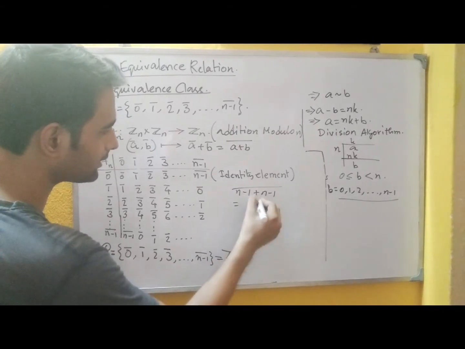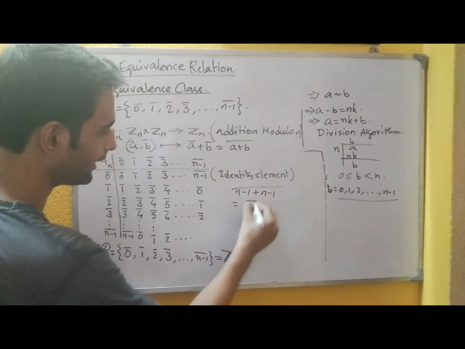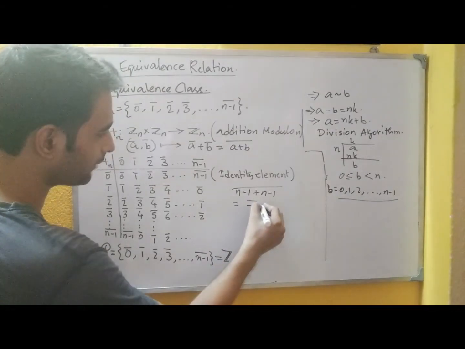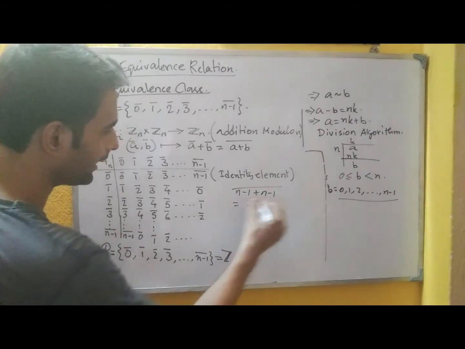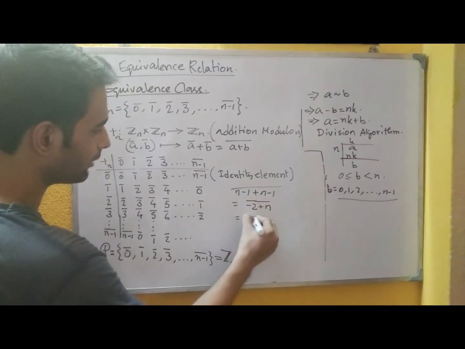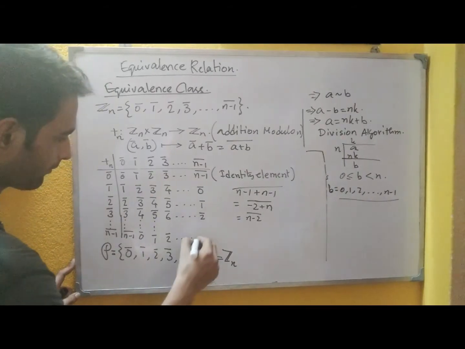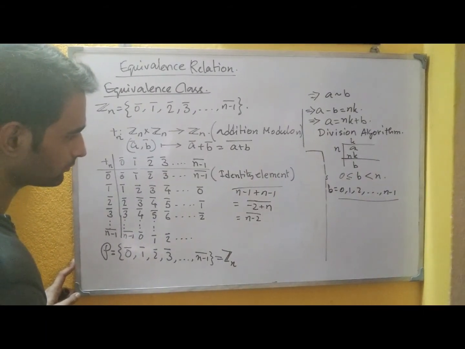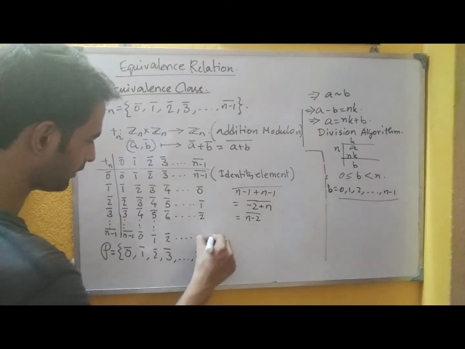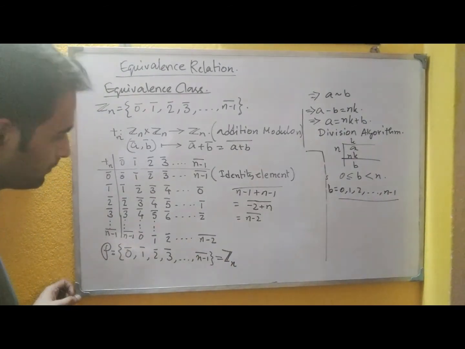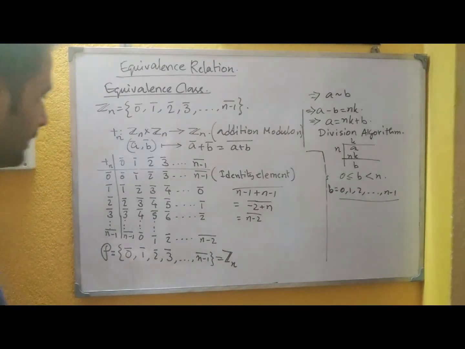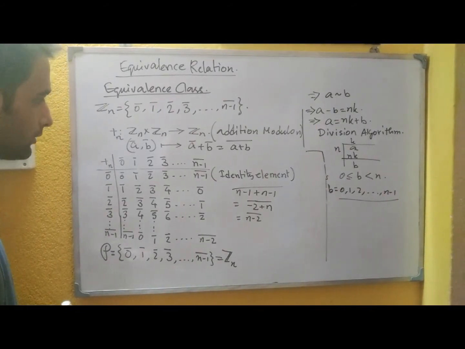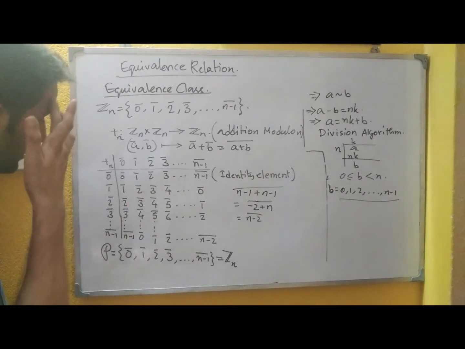So for n, these n's are 0, it means it is minus 2 plus, and whenever there is a minus 2, you can add n with it, so it is n minus 2 plus. So this is how the operation table looks, and this gives a beautiful binary operation on the set Zn.